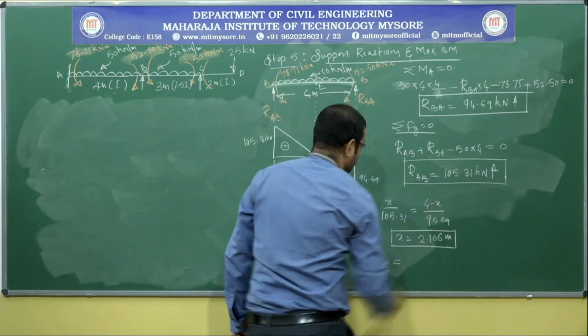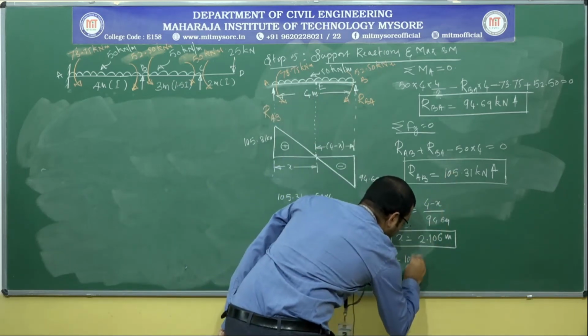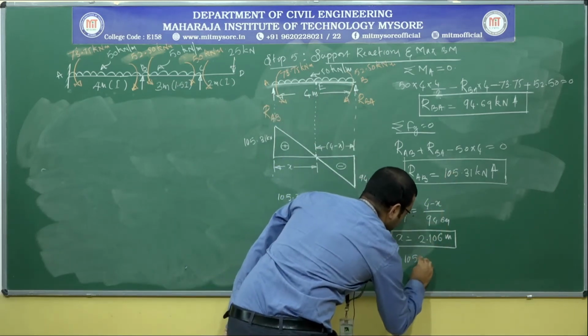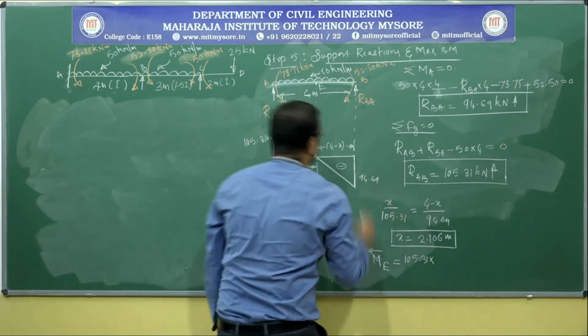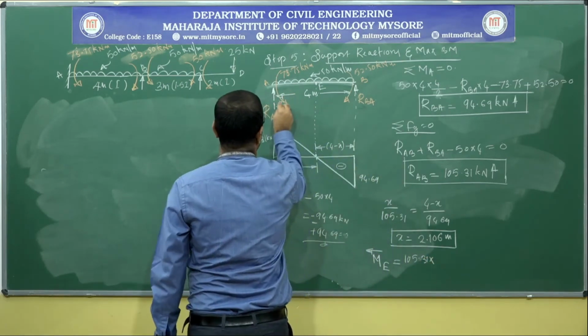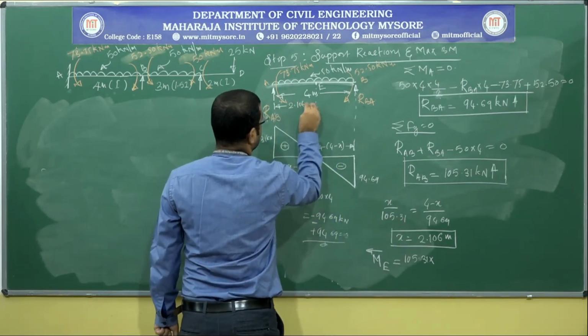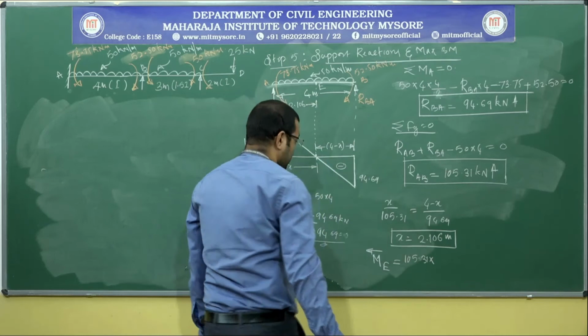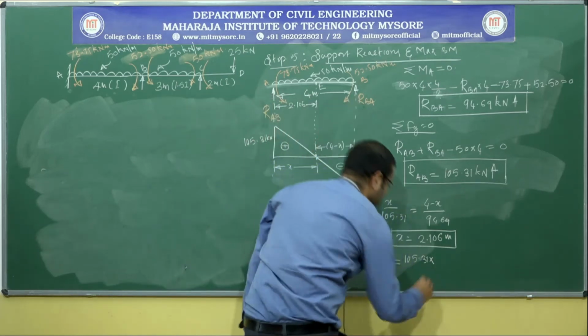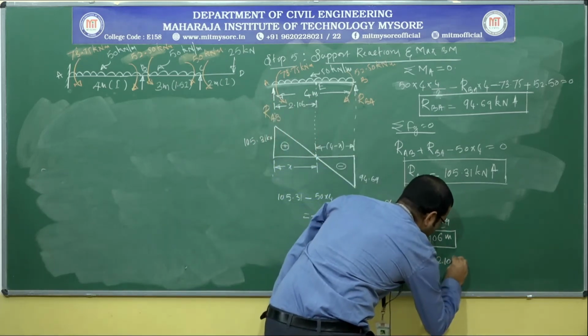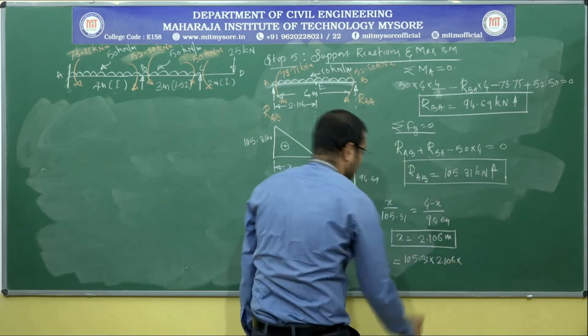RAB is a positive value, 105.31 into its perpendicular distance. This value, as we have calculated, is 2.106, right. So it is 105.31 into 2.106.